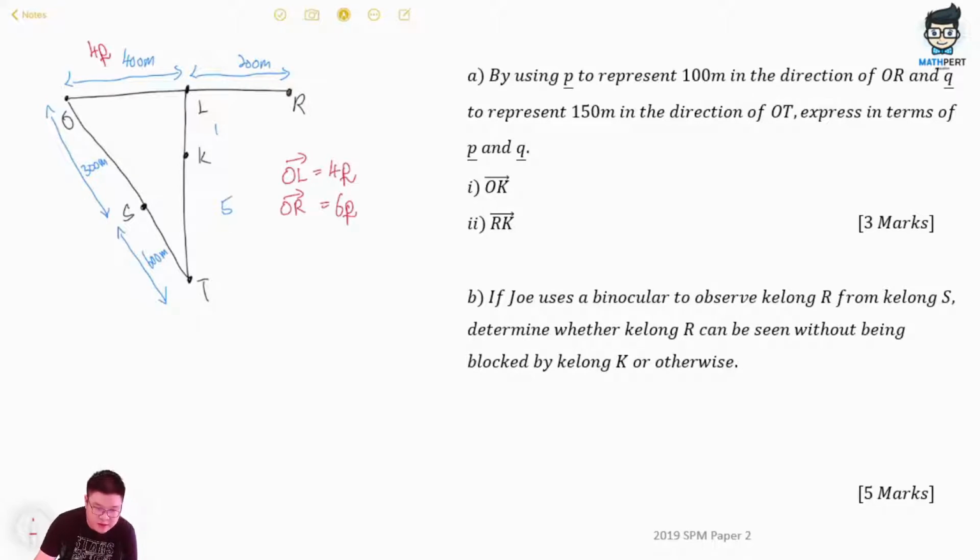And Q to represent 150 meters in the direction of OT. OS, from O to S, we have 300 meters, so Q represents 150 meters, which means OS is 2Q. Then how about OT? We know that from S to T we have 600 meters, so O to T will be 600 plus 300, I get 900. 900 divided by 150, I will get 6Q.